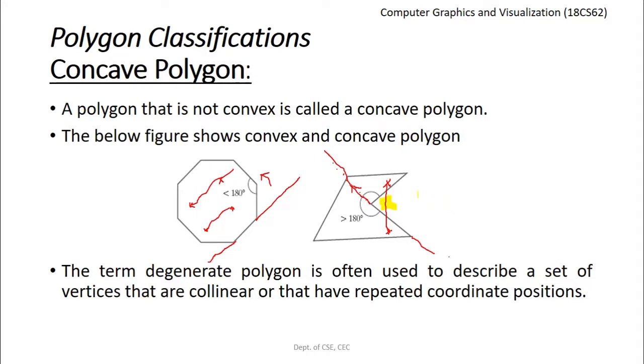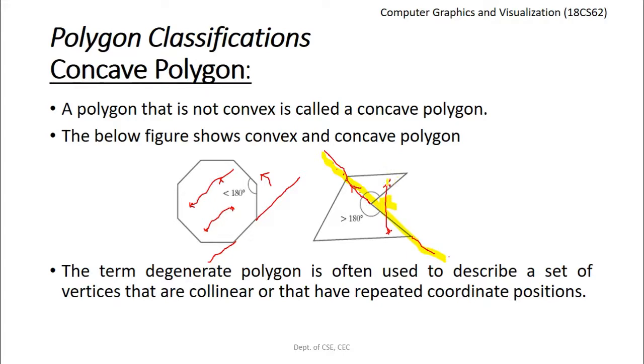The first condition was, if any of the interior angles is greater than 180 degrees, then we can consider it a concave polygon. Similarly, if we extend one of the edges, so I have extended this edge here, if the interior of the polygon is split by this edge into 2 regions, we can call it a concave polygon. That is also true in this case.